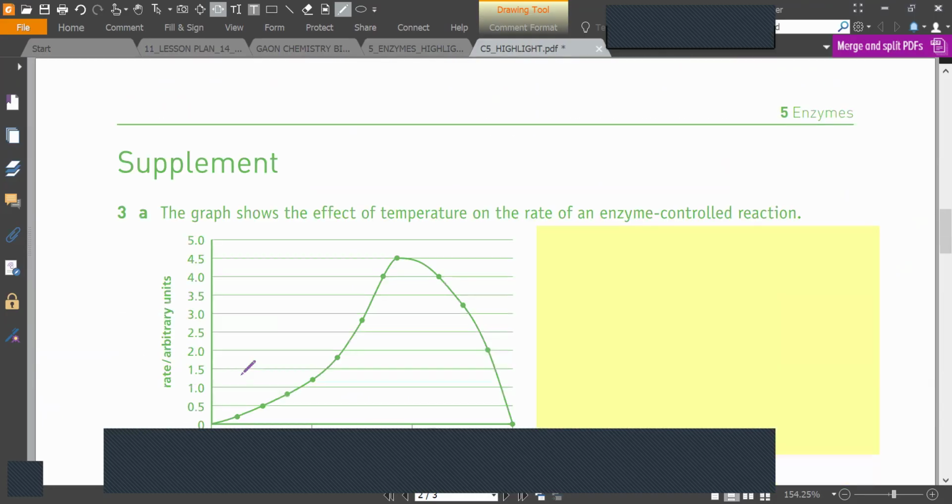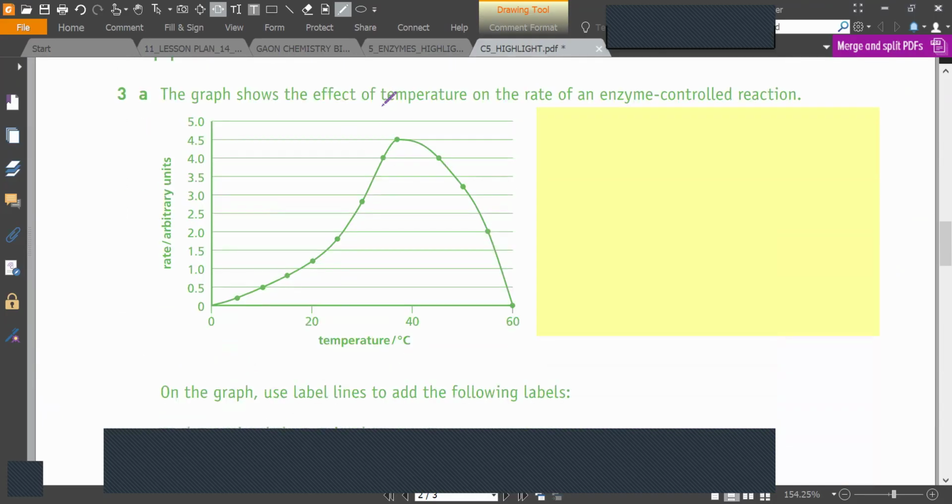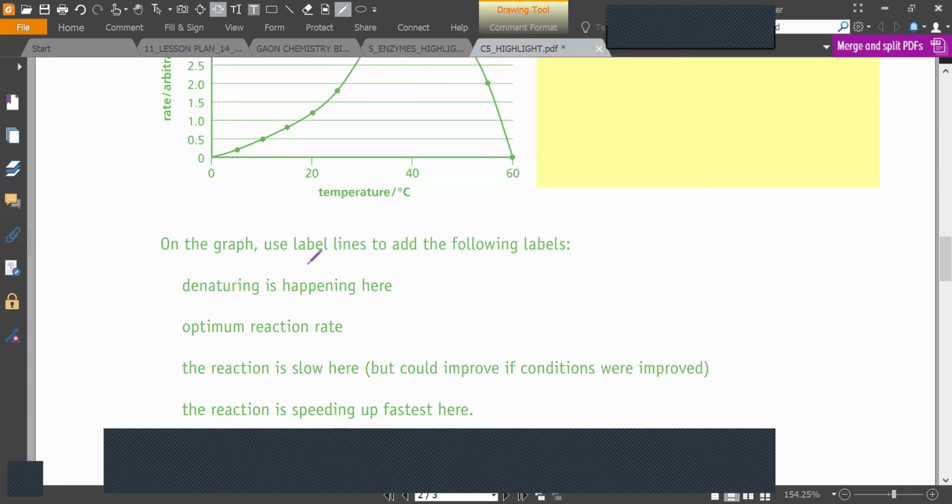Okay, next. Here we have a graph that shows the effect of temperature on the rate of enzyme control reaction. We are very familiar with this shape of the graph and why it happened like that. Now on the graph, use the label line to add the following labels.